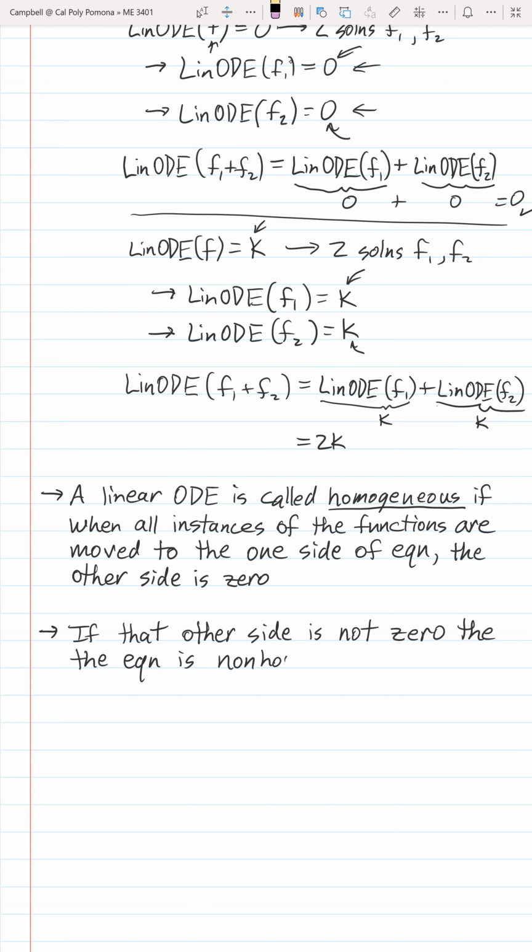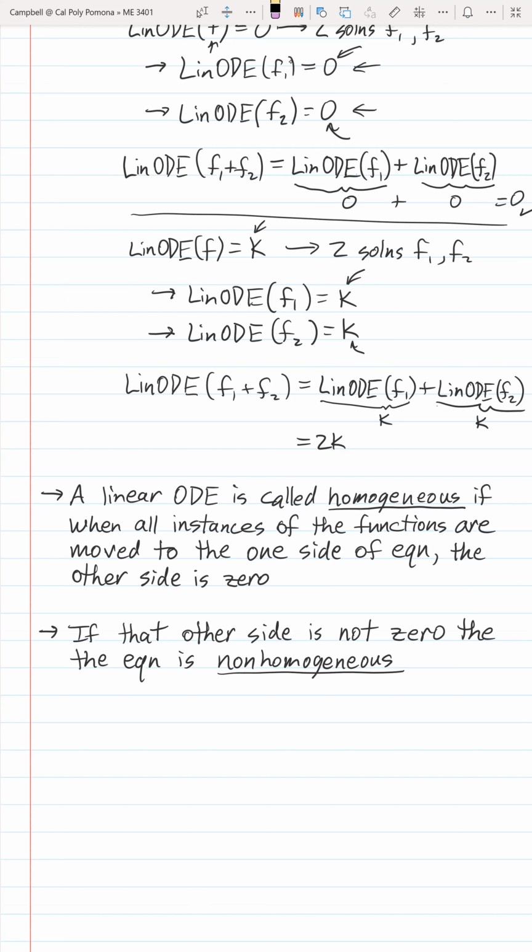And even though we have these kind of arcane mathematical terms, homogeneous, non-homogeneous, it turns out that from an engineering perspective, dealing with a non-homogeneous differential equation has a very straightforward meaning.